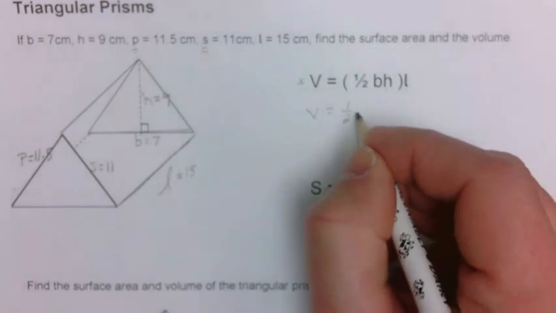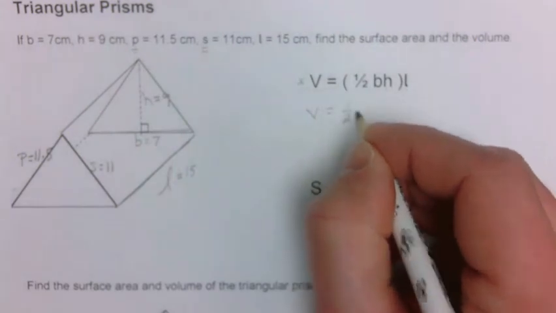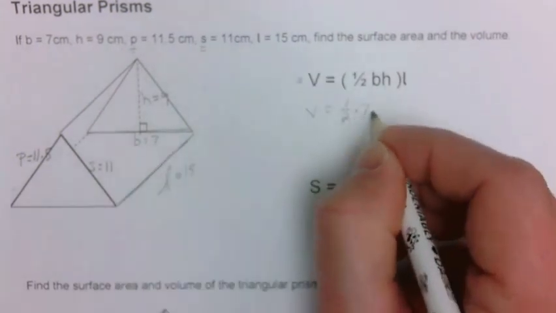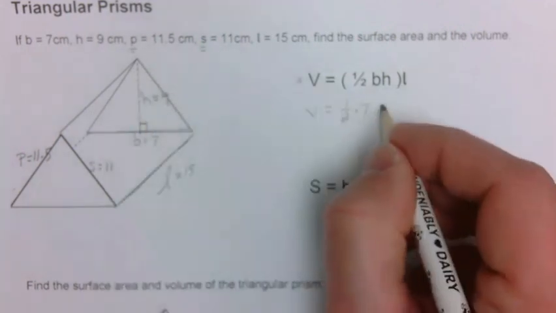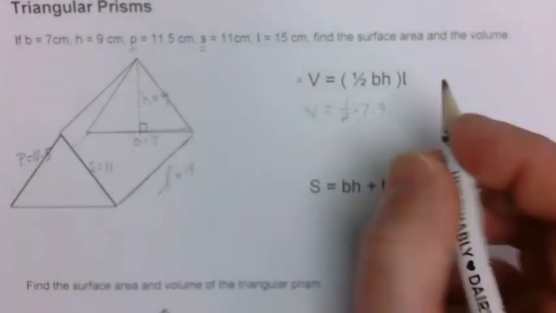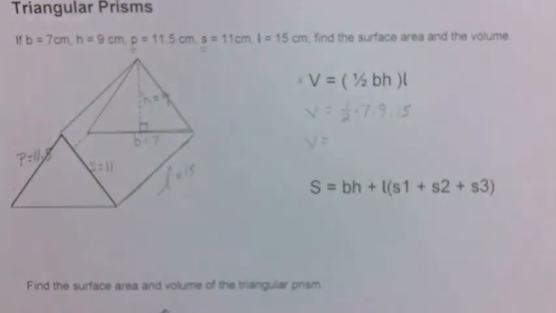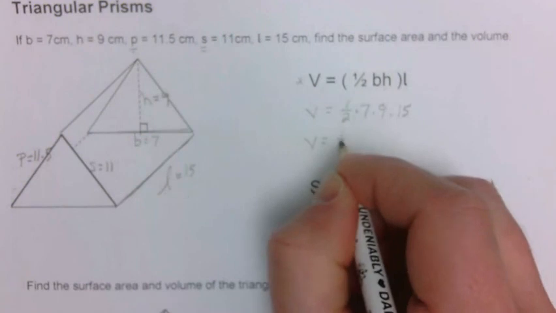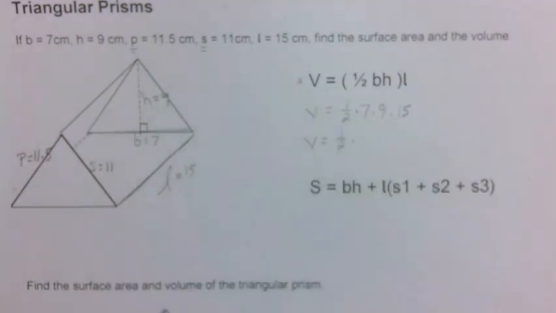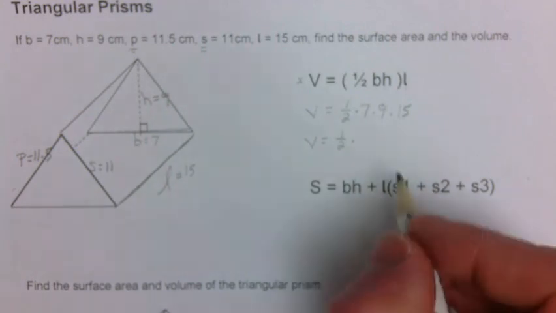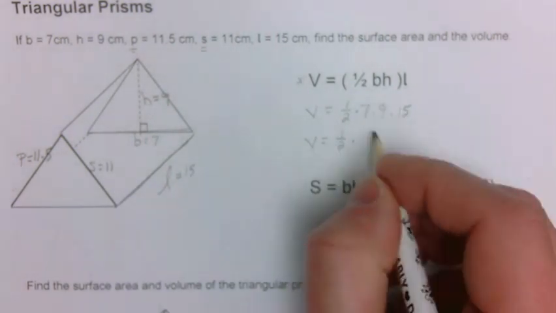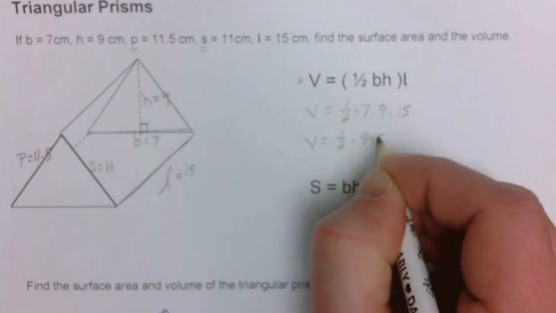So let's substitute in these values. 1/2 times the base they said was 7, times the height right here they said was 9 centimeters, times the length was 15 centimeters. I can do 1/2 times 7 times 9 times 15. 7 times 9 I know is 63. 63 times 15 comes out to be 945.